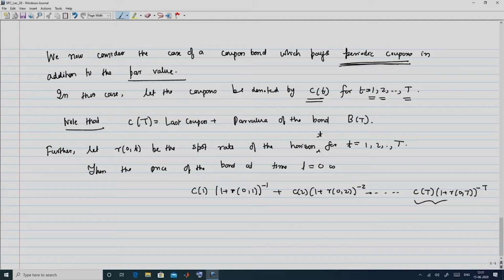This is essentially what you had seen in case of the zero coupon bond, and this entire sum is going to be equal to B(0). In compact form, this is the summation of C(t) into (1 + r(0, t)) raised to minus t, t equal to 1 to capital T.